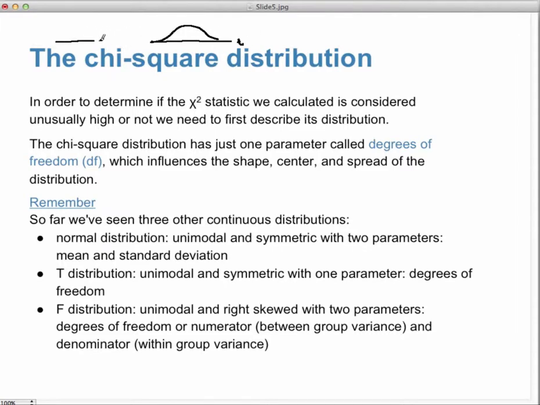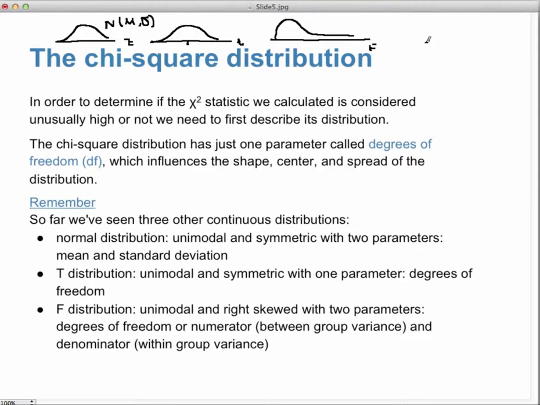We've seen that the standard normal was given by z. It doesn't have to be, but otherwise it's N of mu, sigma. And then in the last section we just introduced ourselves to the F statistic, which was a right-skewed distribution.